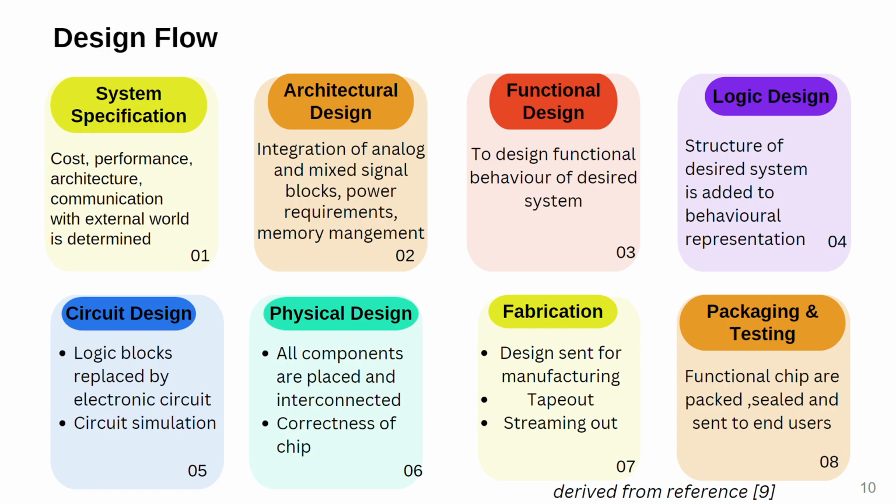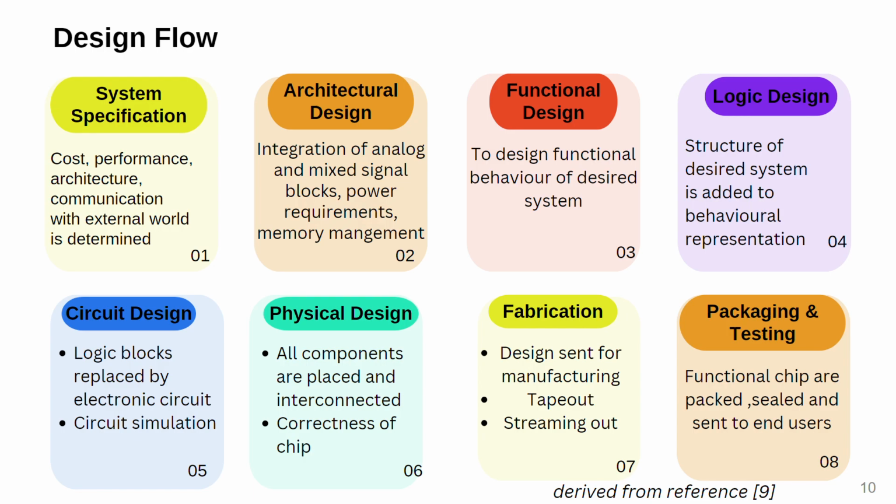And the next step is architectural design. The architecture of the desired system must meet the specification of the desired system. Here the architecture of the desired system is decided and the layout of the same is also determined. Architecture design is the integration of the analog and mixed signal blocks, and also its power requirements and memory management.